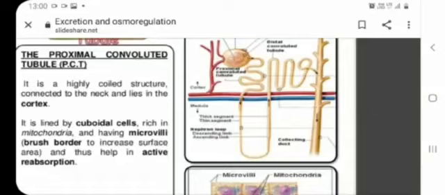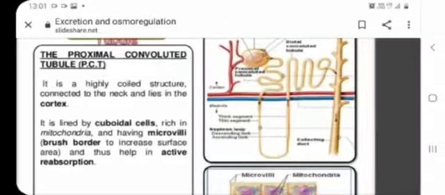The distal convoluted tube is the last part of the nephron, and it connects and empties its content into the collecting duct that lines the medullary pyramid, as can be seen in this diagram.